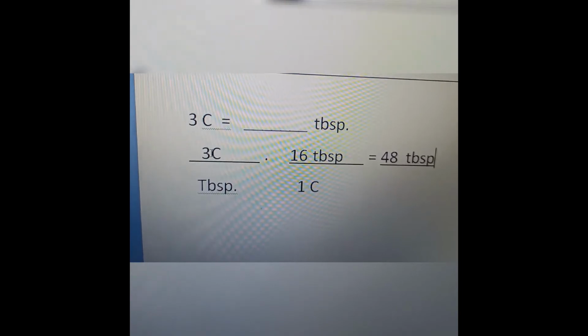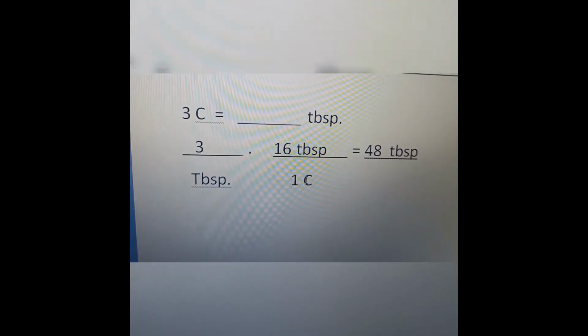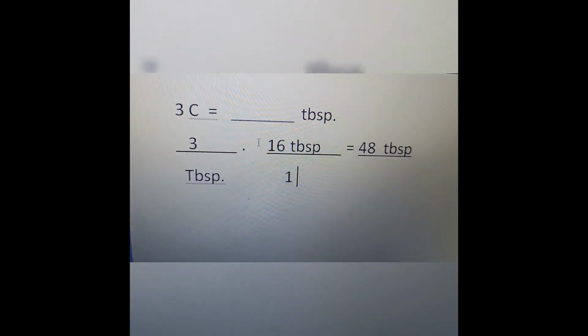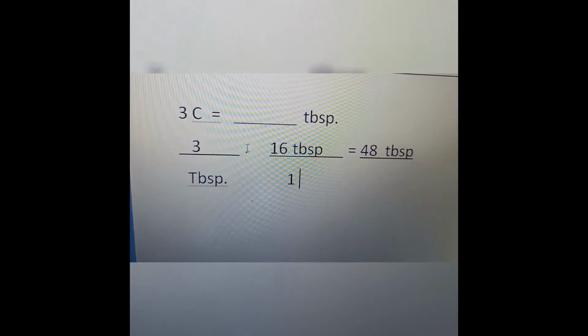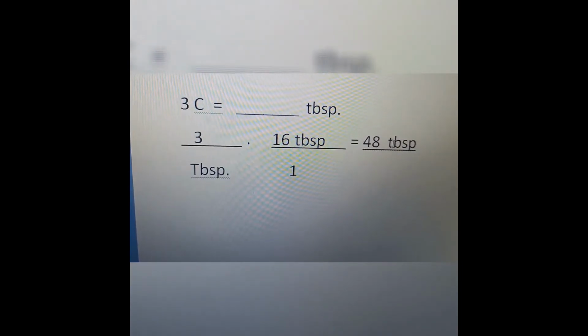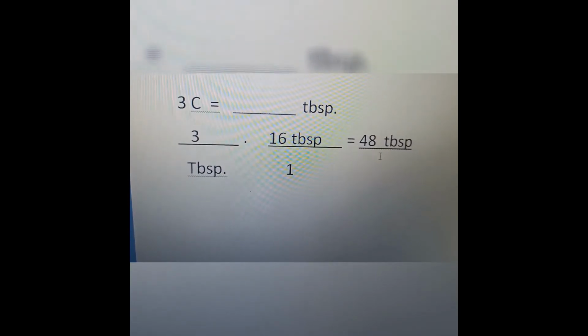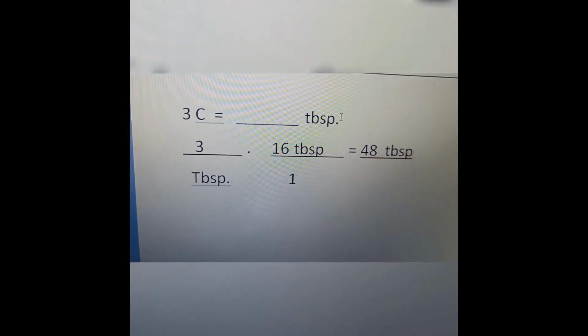Since we are looking for the tablespoon, we cancel the cup, and tablespoon will remain, then multiply. This period here means multiplication. So 3 times 16 equals 48. Then copy the unit of measurement. So that's it. 3 cups is equivalent to 48 tablespoons.